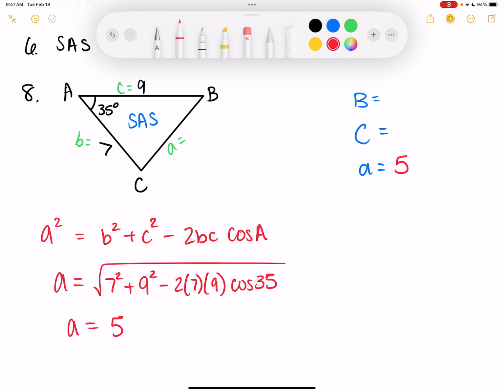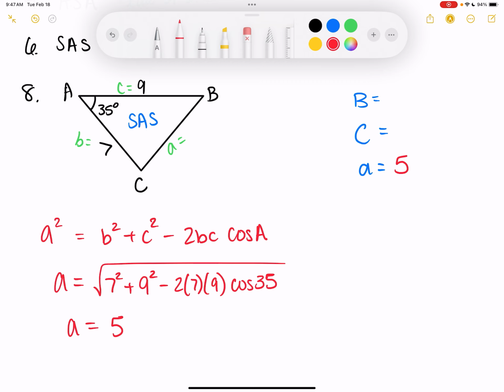Now, at this point, like I said before, I could continue using the law of cosines to solve for angle B and or angle C. But mathematically, like we said, law of cosines is harder. So I can switch to law of sines for the purpose of solving now.